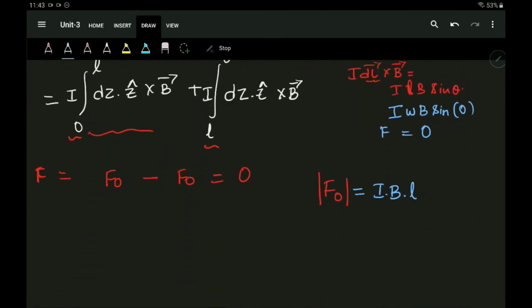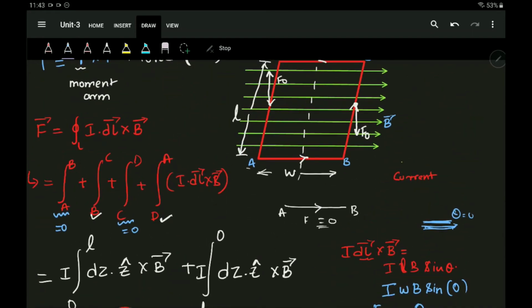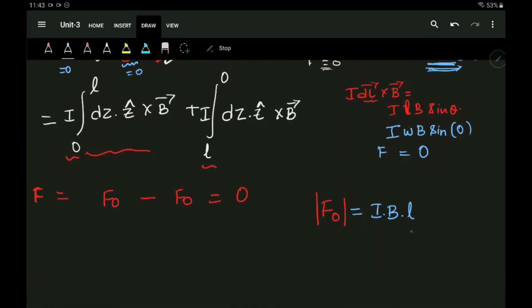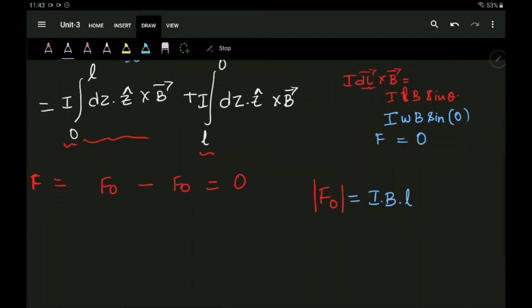This is the magnitude, because sine of theta, the theta here is what? The theta it is making is 90. Sine 90 is 1. Hence, this is the magnitude. IBL, this is the magnitude of that particular force.